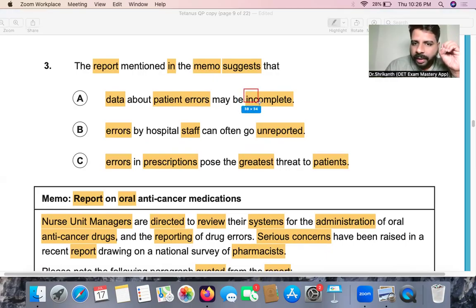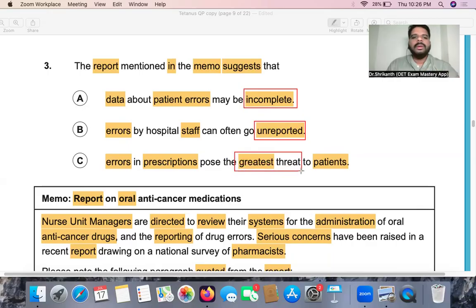Here, patient errors may be incomplete. Here, errors by the hospital staff can go unreported, right? And here it is the greatest threat. Now let's come to answer option A. What is answer option A telling? Data about patient errors may be incomplete.